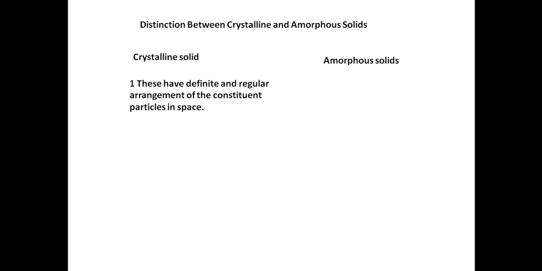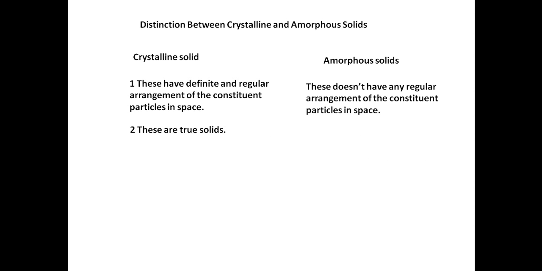Crystalline solids have a definite and regular arrangement of constituent particles in space, whereas amorphous solids don't have any regular arrangement of constituent particles in space. Crystalline solids are known as true solids because they have definite shape and particles are orderly arranged, whereas amorphous solids are supercooled liquids such as glass, or we can say pseudo solids. For example, eraser is a pseudo solid.